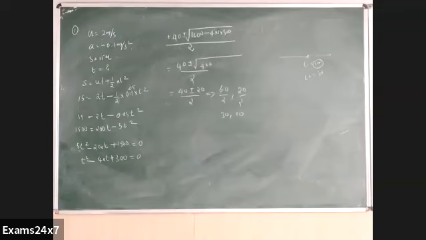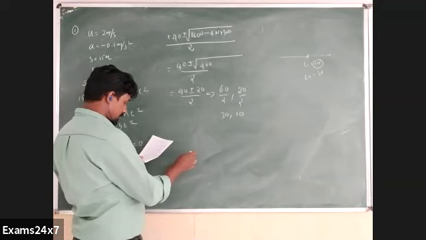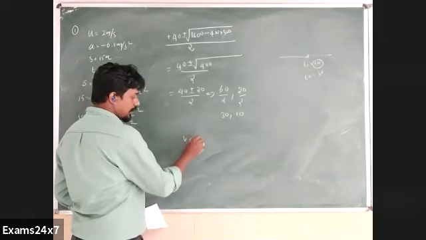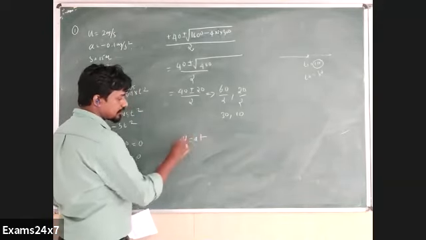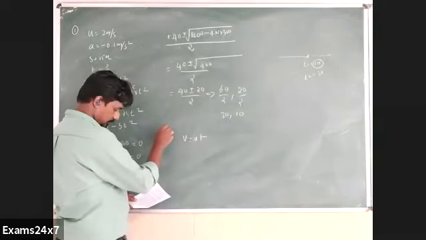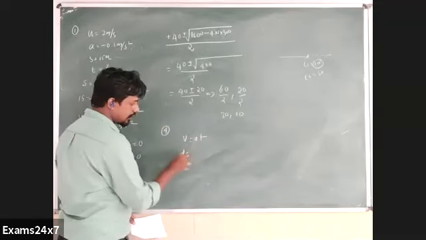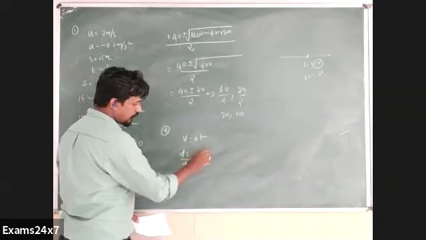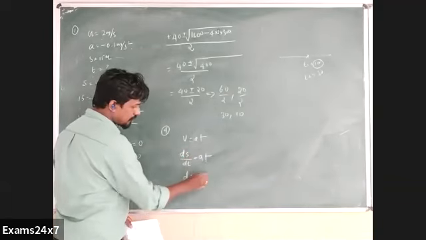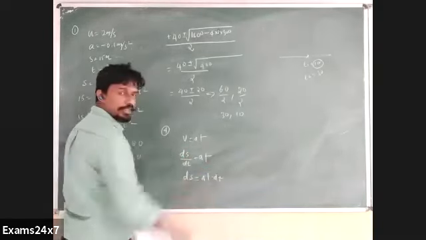Next one. The motion of a particle is described by the equation v is equal to at. The distance traveled by the particle in the first 4 seconds is. V is equal to at. v can be written as ds by dt equal to at, or ds equal to at dt.